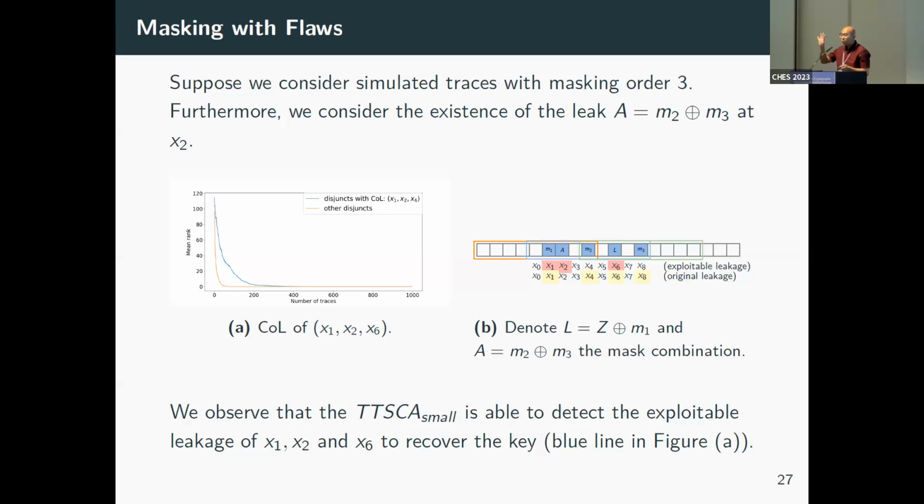It means I need 4 leakage points to recover the key. But if we consider the existence of one more leak A over here, it becomes a masking order 2, and we see that the neural network is indeed able to use this exploitable leakage, because using our heuristic we are able to detect this exploitable leakage of X1, X2, and X6 to recover the key.